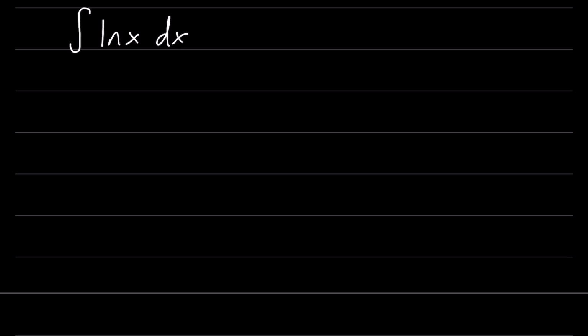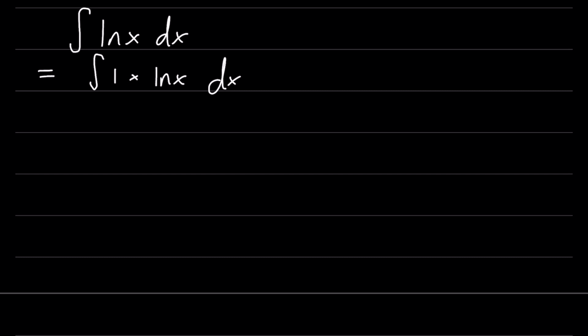Okay, so if you don't have any idea, just remember that any number multiplied by 1 is itself. So this is the same thing as saying the integral of 1 times ln x. It's a bit cheeky, yes, but I think it gets the job done.